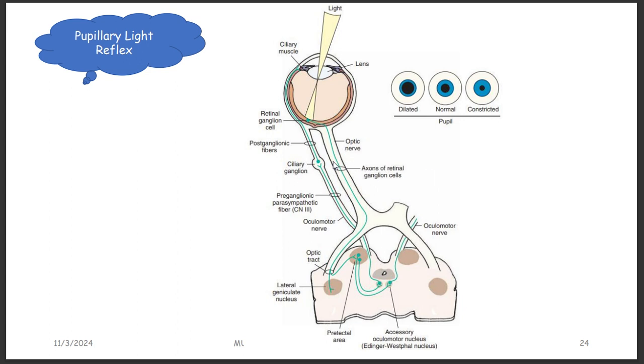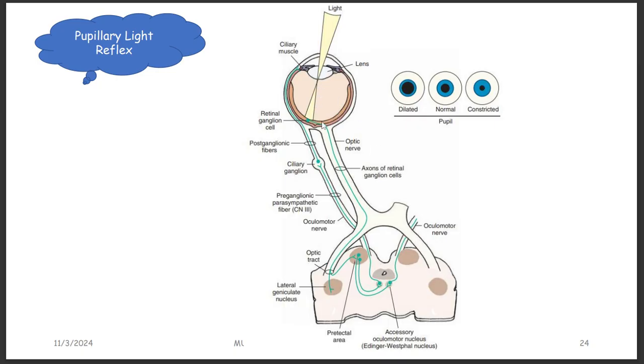If we have cut this optic nerve at this point, what is going to happen is that if I shine the light in this eye, both this eye and the other eye that might be fine won't be able to constrict, because information already is not going to stimulate the pretectal area.